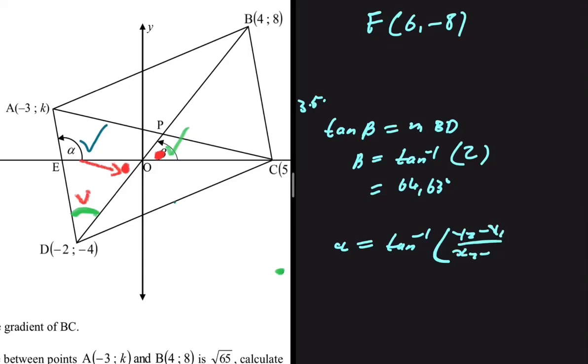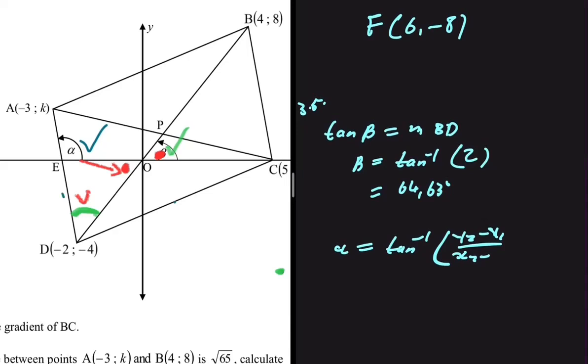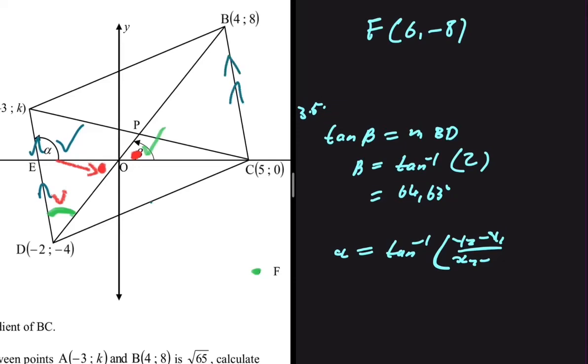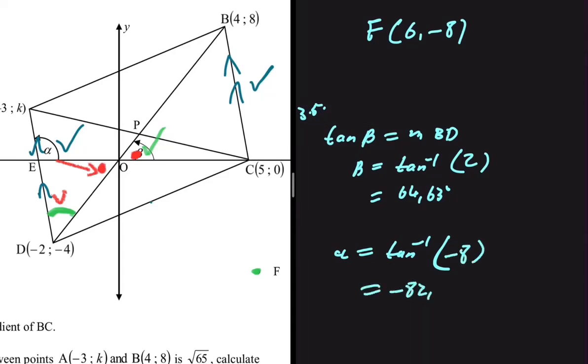I already have the gradient of that line, because this line is supposed to be parallel to this line because our shape is a rhombus, right? So we said that the gradient of this line is -8. We're going to substitute that, so we have -8. This will give you -82.874875.